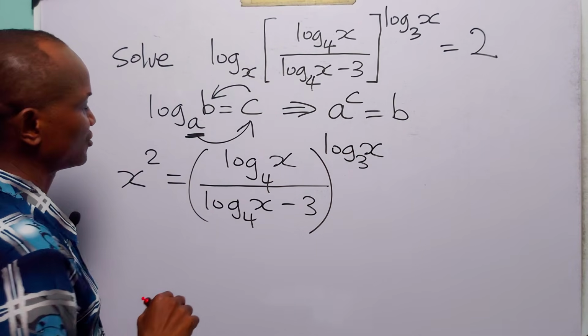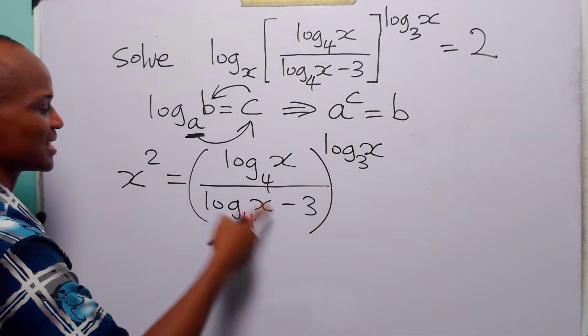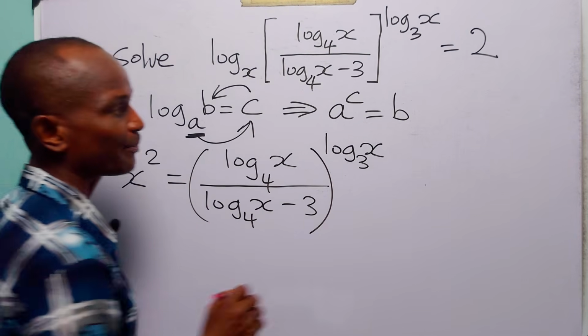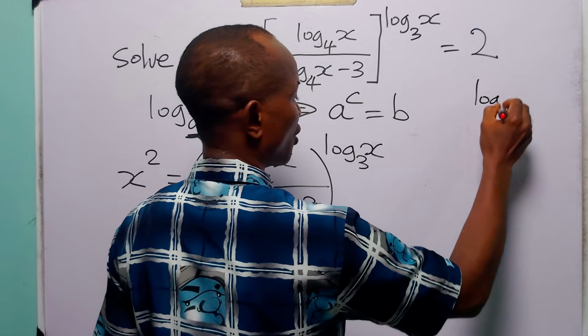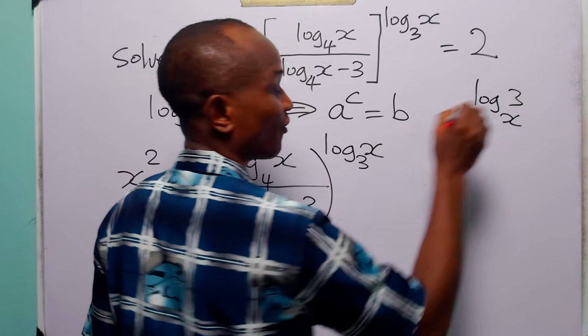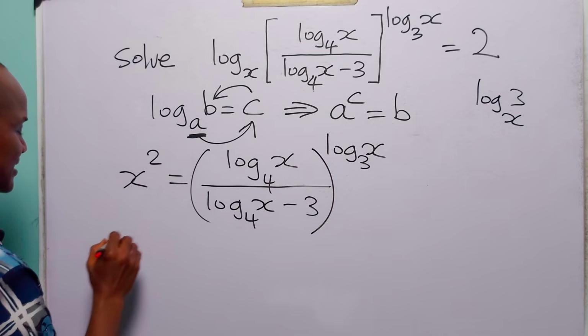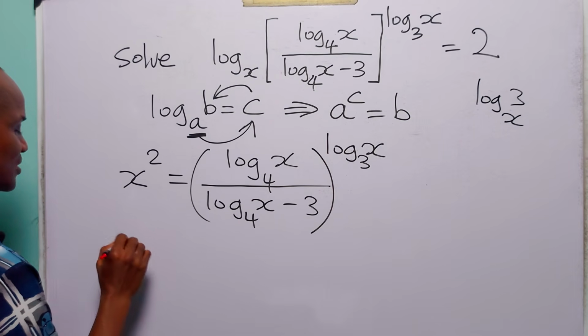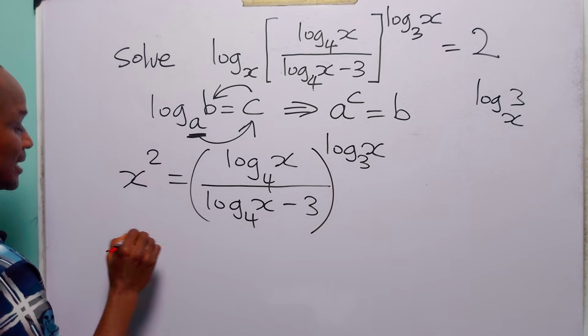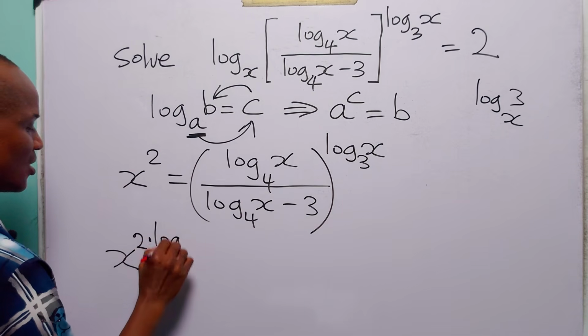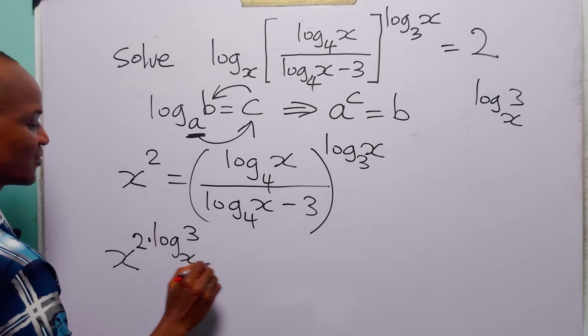Now, the next thing we are going to do is raise both sides of this equation to the power log to base x of 3. When we do that, on the left-hand side, we have x to the power 2 times log to base x of 3.